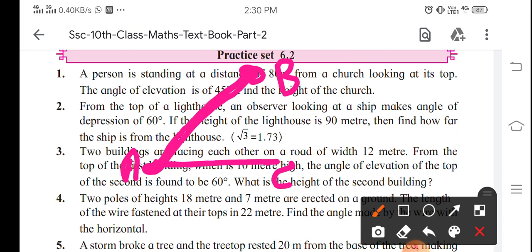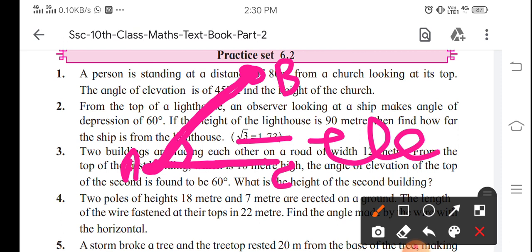So this angle is made with this horizontal line. Whenever the person is on the ground and he is looking at the top side, this is the angle of elevation. Just keep this in your mind. Angle of elevation means somebody is looking from bottom to top.